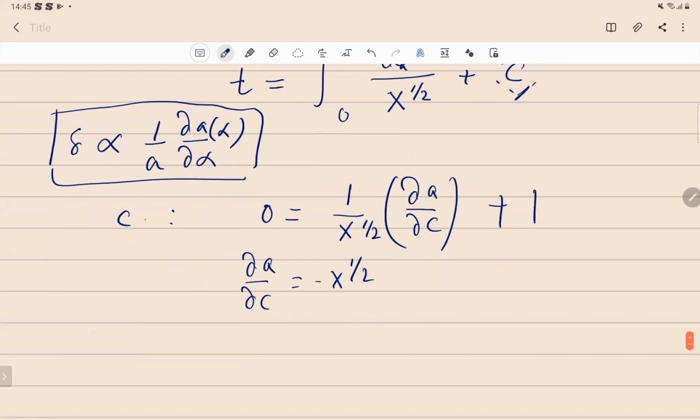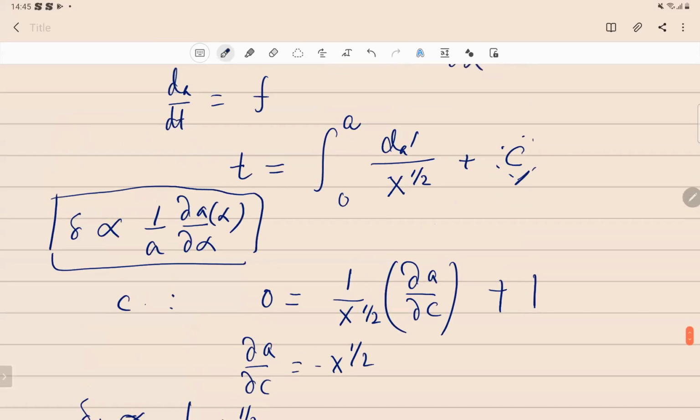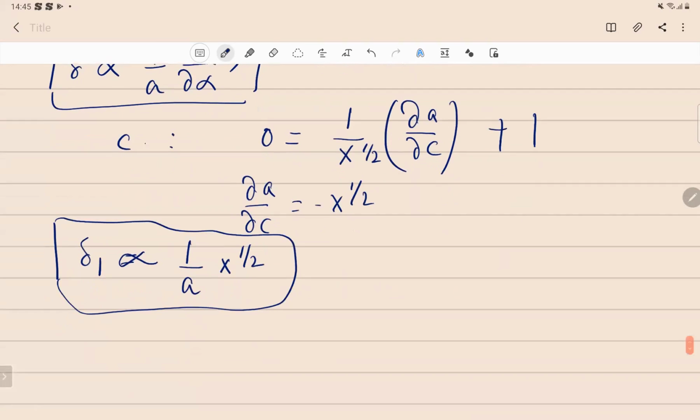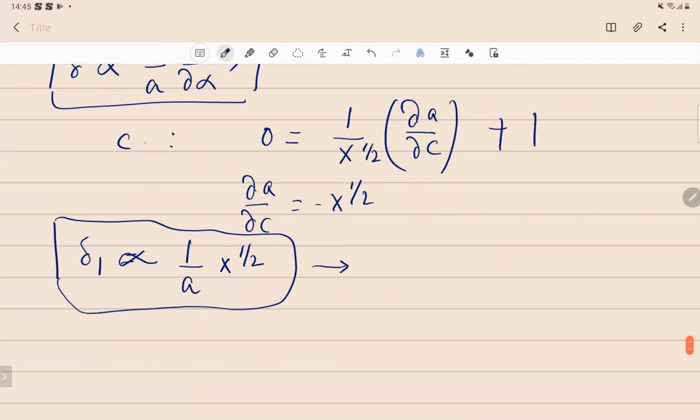So your first solution, delta 1, is proportional to 1 by A x to the power half. This x to the power half is basically h. You know that from this, right? So that's the first solution. We already know, and this is not the growing mode, this is the decaying mode.